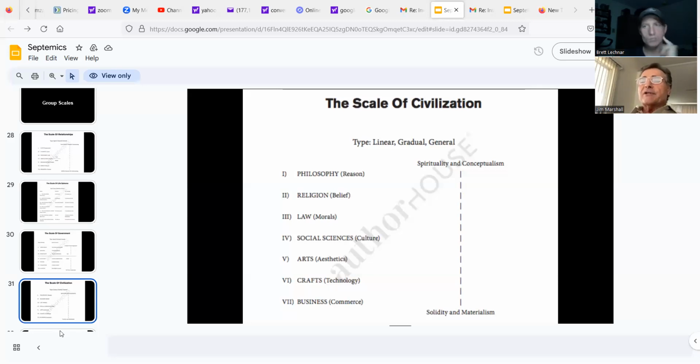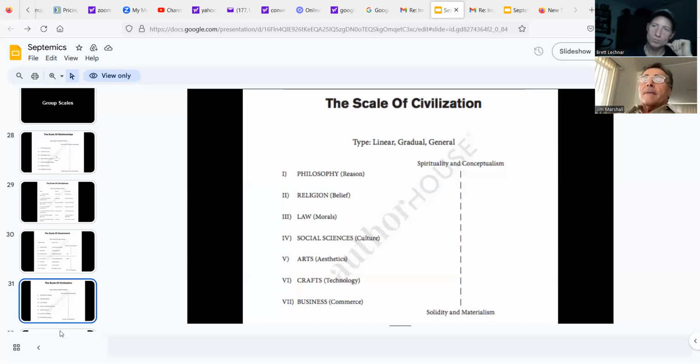Now, of course, you can have a society that's not a civilization. Frankly, I don't think there is such a thing as Earth civilization. Earth is not a civilized place. Just go around and look at what's going on, and you can see it's not civilized.